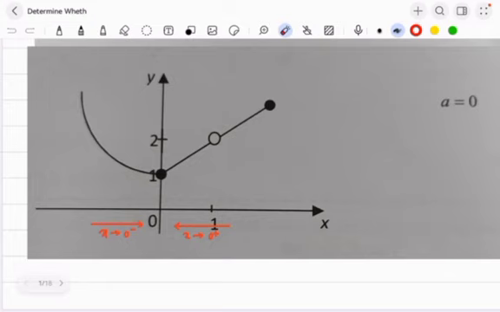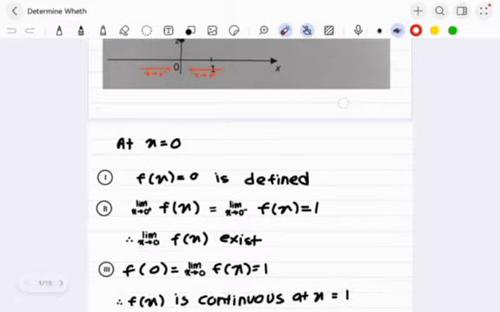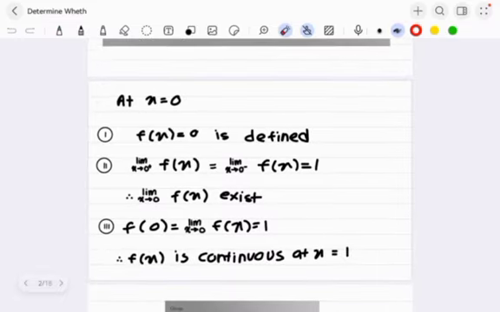As x approaches 0 from the left, you can see y is equal to 1. And as x approaches 0 from the right, you can see y is also 1. And that is why the limit as x approaches 0 from the right and from the left of f(x) is equal to 1.